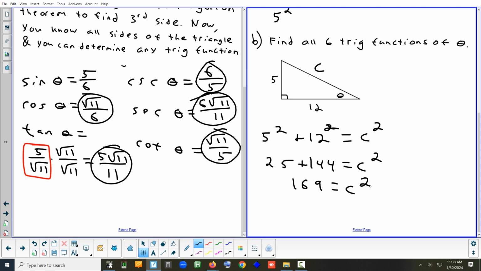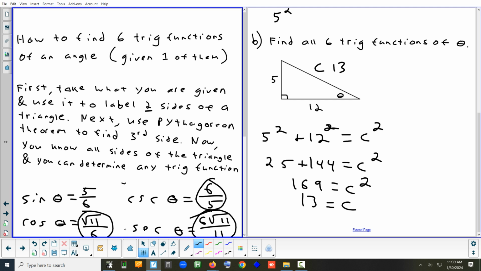And what does that make C? 13. So we get a nice answer. When you get all 3 sides that don't come out to any decimals or fractions, that's called a Pythagorean triple. 5, 12, 13 is one. 3, 4, 5 is another one. There's millions of them, but 5, 12, 13 is a common one.